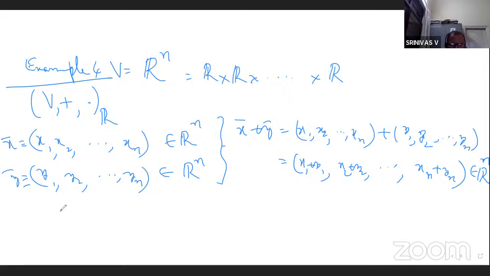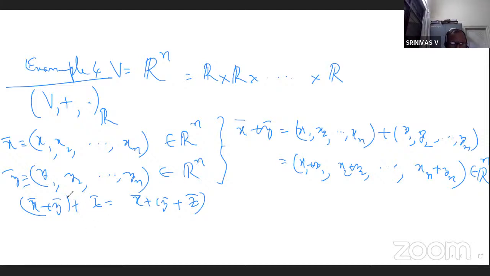And here, if you define it like this, it will be closed, right? Because this is present in Rn. And then you can also see that because addition of real numbers is associative, you can show that x bar plus y bar plus z bar is equal to x bar plus y bar plus z bar, if you take a third vector z bar equal to z1, z2 up to zn lying in Rn.